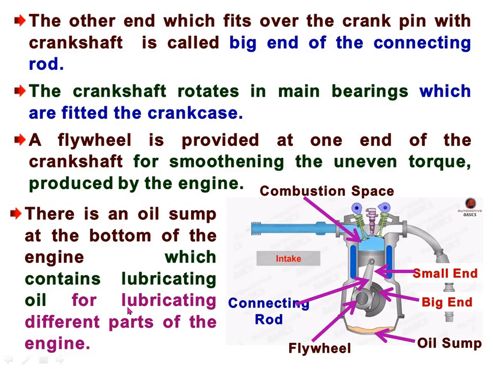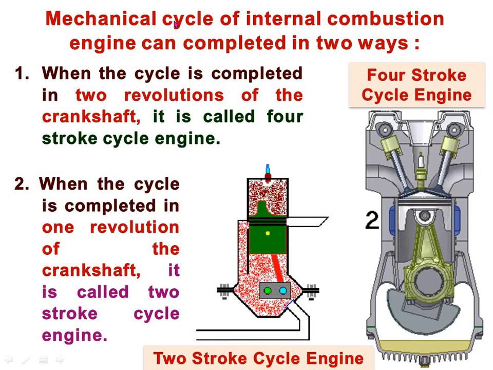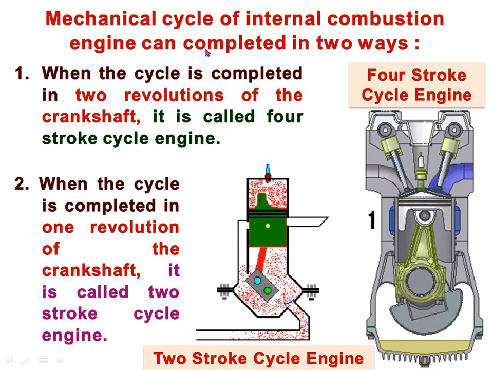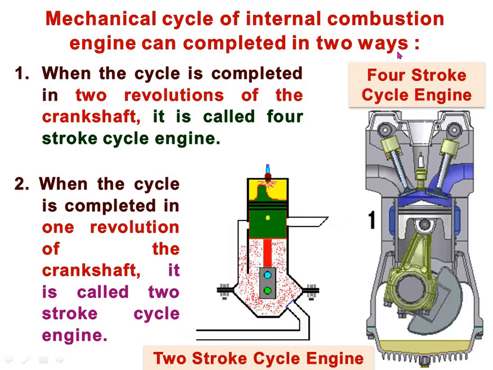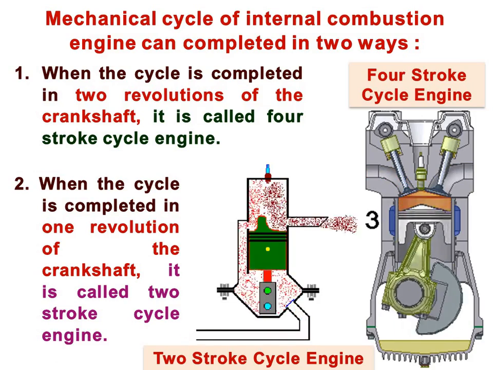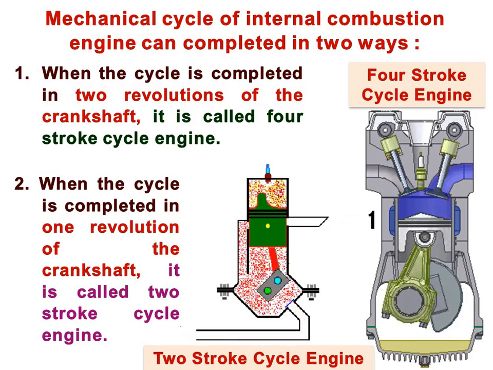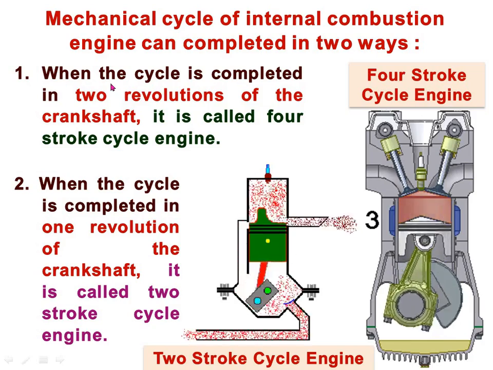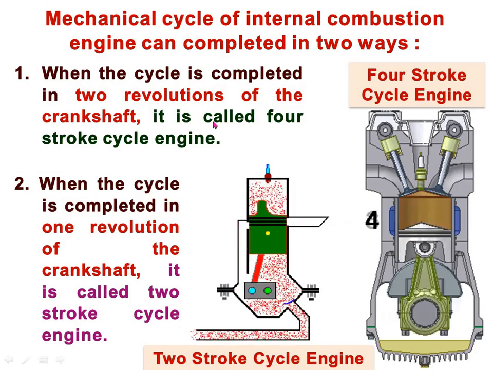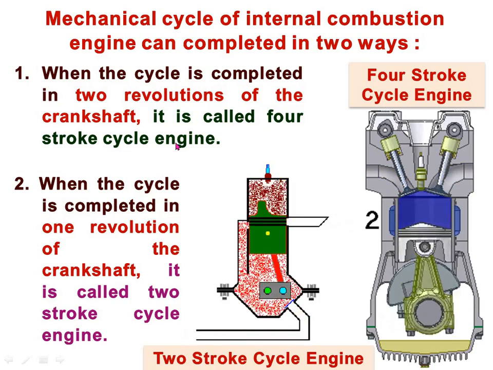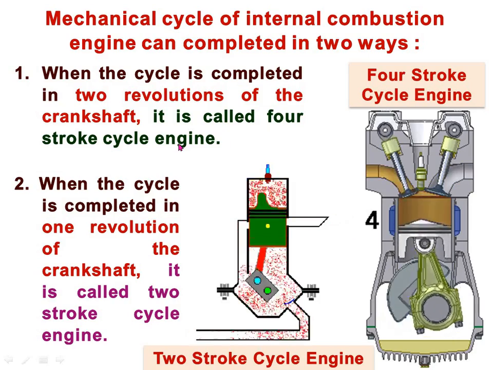contains the lubricant oil. Now, the mechanical cycle of an internal combustion engine can be completed in two ways. Means there are two types of mechanical cycle in the internal combustion engine. First, when the cycle is completed in two revolutions of the crankshaft, it is called a four-stroke cycle engine.